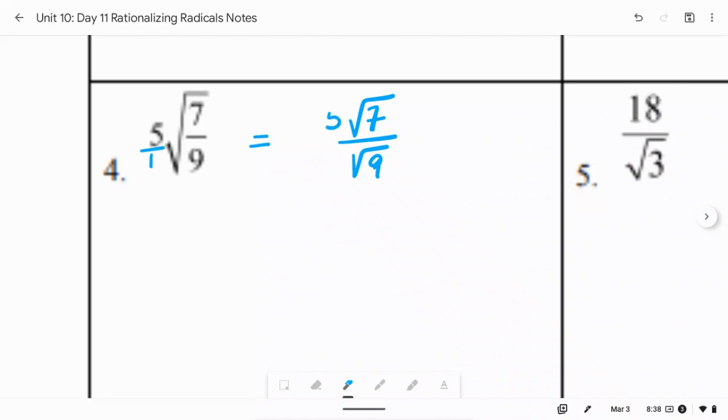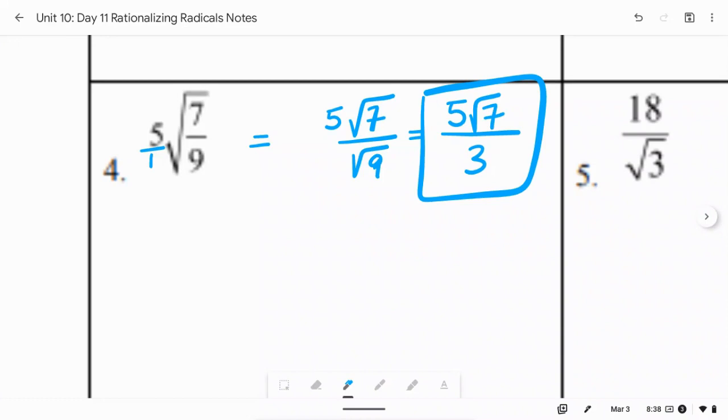So notice I'm going to be putting the 5 on top with the 7, and then you could put the 1 on the bottom with the 9, but I usually don't write a 1, so I'm just going to leave it like this. And then I notice that I can reduce the square root of 9 to 3. And then in the numerator, I would have 5 square root 7. I can't reduce 5 over 3, so I'm going to leave my final answer as 5 square root 7 over 3.